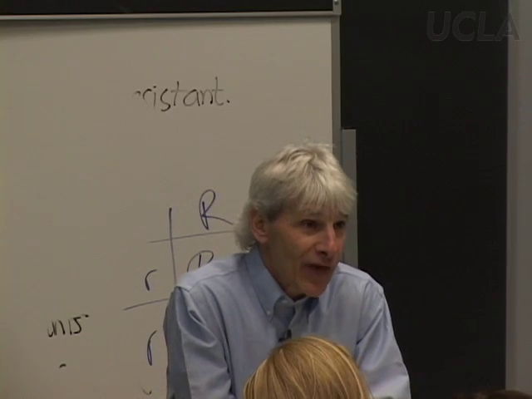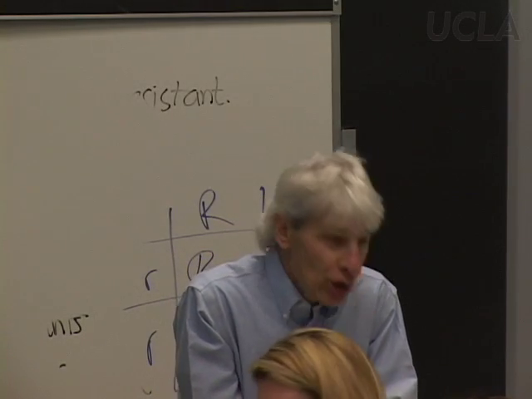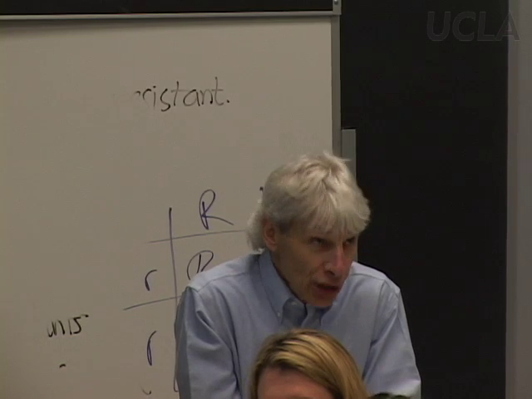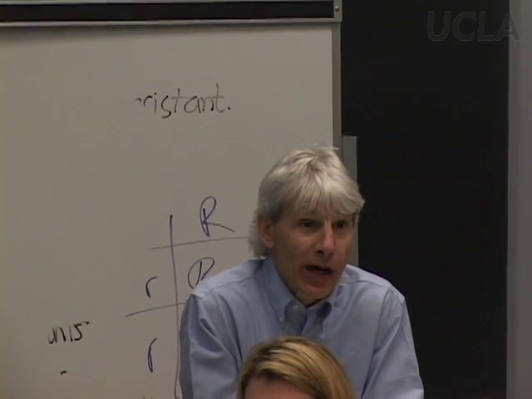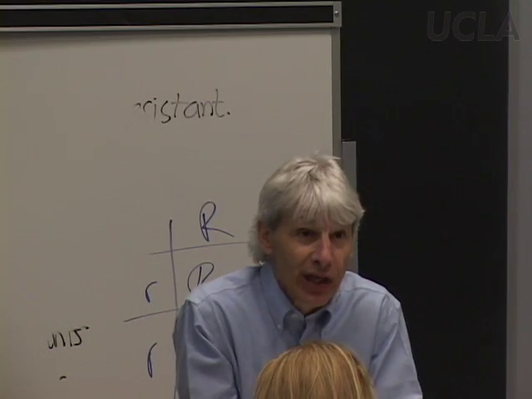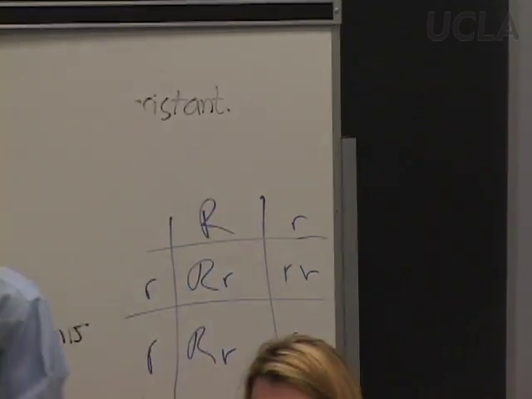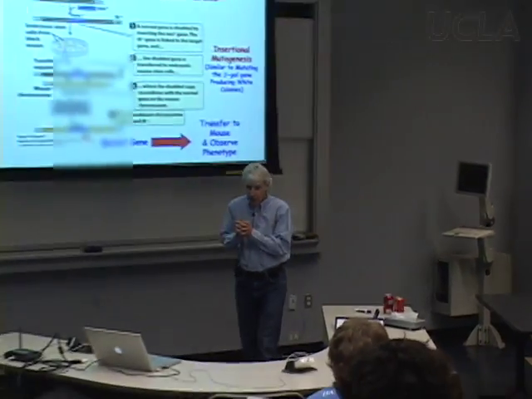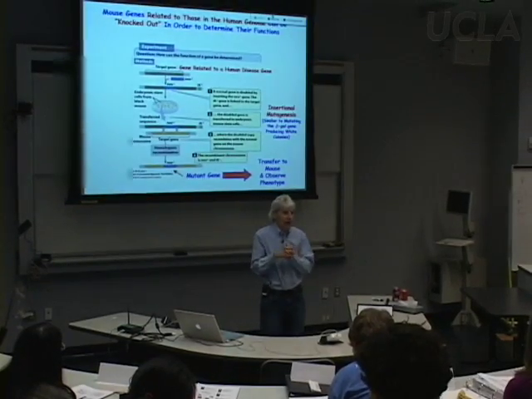If you have your favorite gene, say in humans, you can find it in the mouse genome by using a BLAST search, taking the human gene and comparing it sequence by sequence with the mouse genome, and you'll find your mouse gene and you'll know what it is.